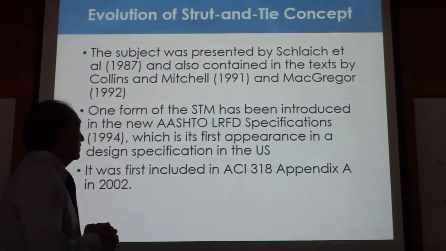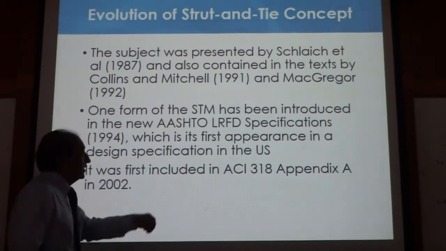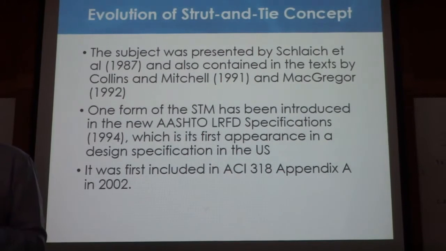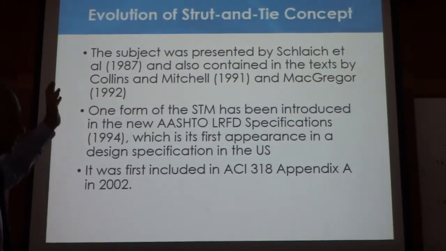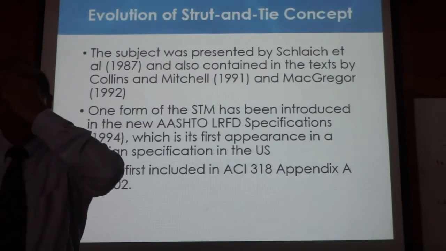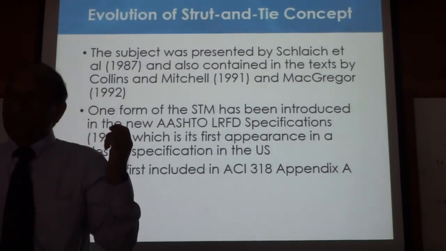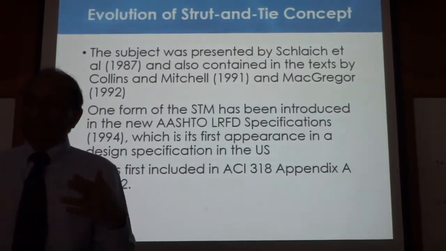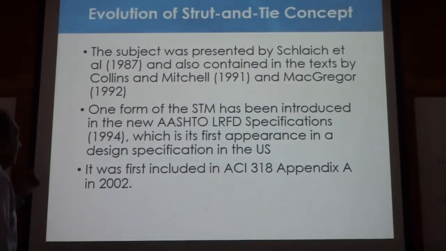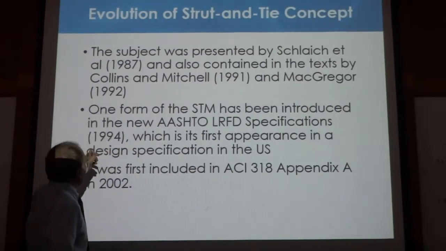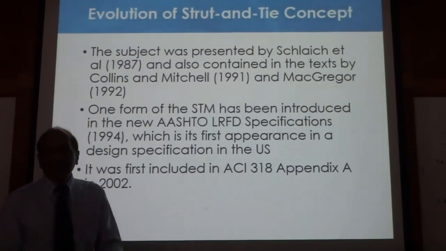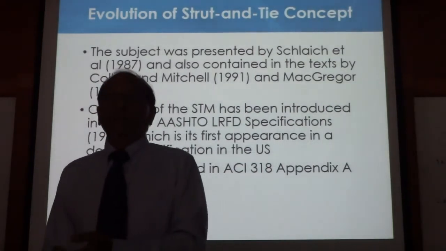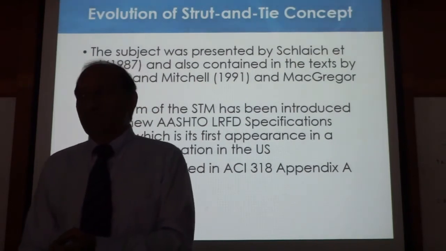And then later this guy from Germany refound that paper and restarted this whole process again. Actually, the main guy who started this was Leonhard something, also from Germany. He had a very old book I saw somewhere, and he had presented this concept, but it was never adopted. ACI and AASHTO started to believe in this in 94 and 97, and up to 2000 they believe it more. So the codes were the last ones to believe it.